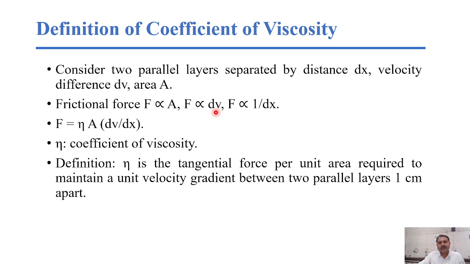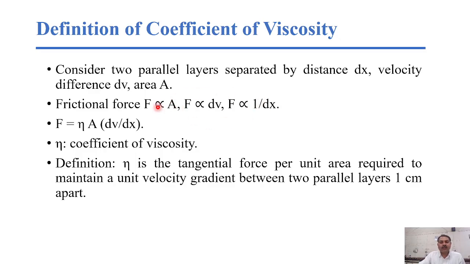More the velocity difference between two molecular layers, more will be the frictional resistance. More the area of the liquid, more is the frictional force. And it is inversely proportional to the distance. Means if the two molecular layers are far away from one another, then the frictional resistance produced is less. So it is inversely proportional to the distance between the molecular layers.